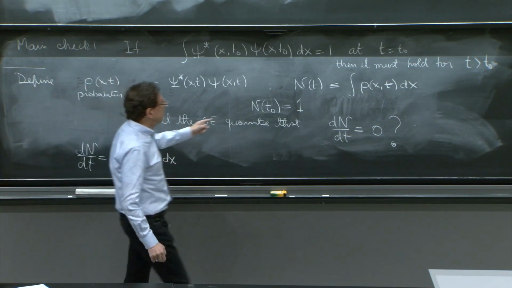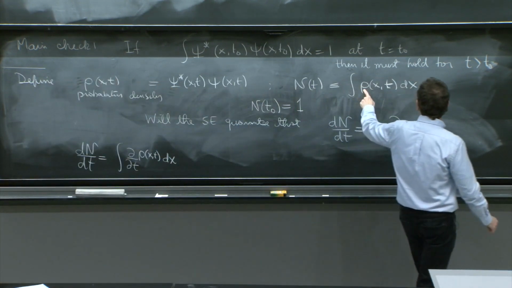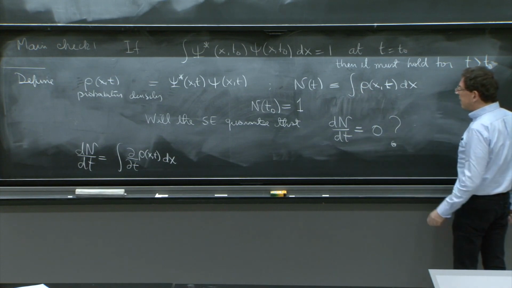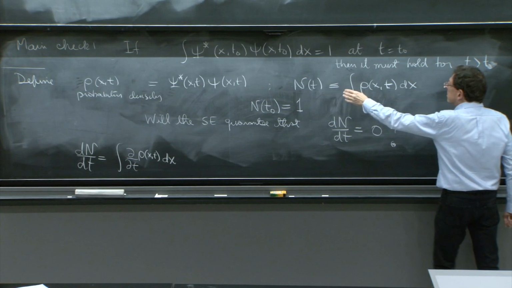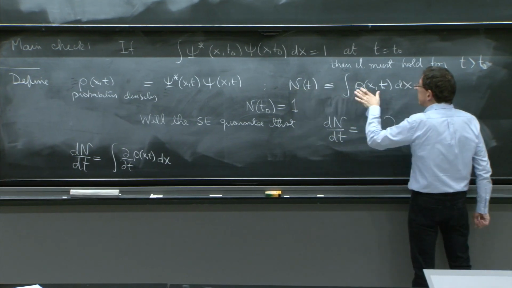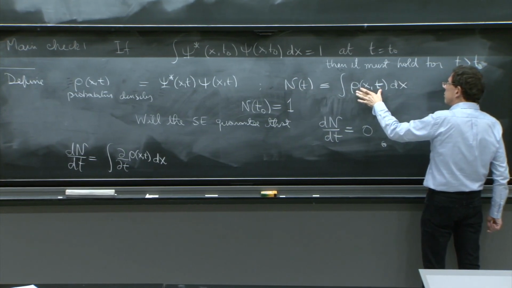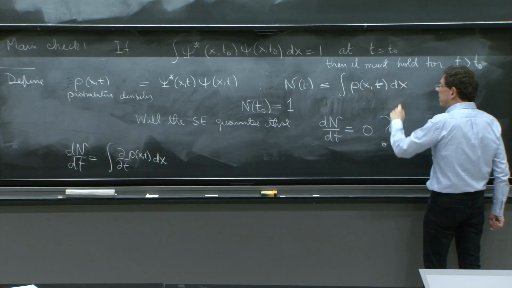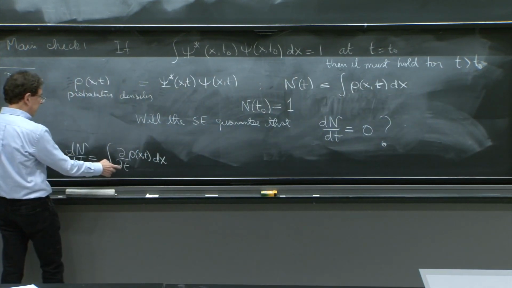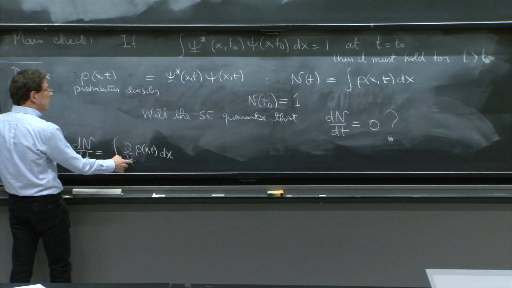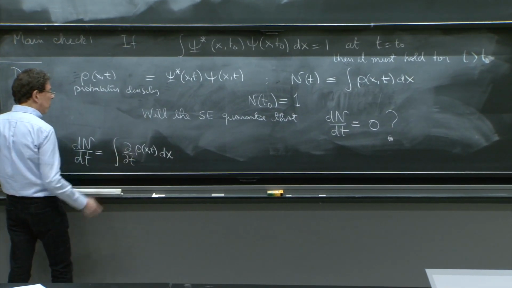So I went here and brought in the d/dt, which became a partial derivative because this is just a function of t, but inside here, there's a function of t and a function of x. So I must make clear that I'm just differentiating t. So it's partial d/dt of rho.